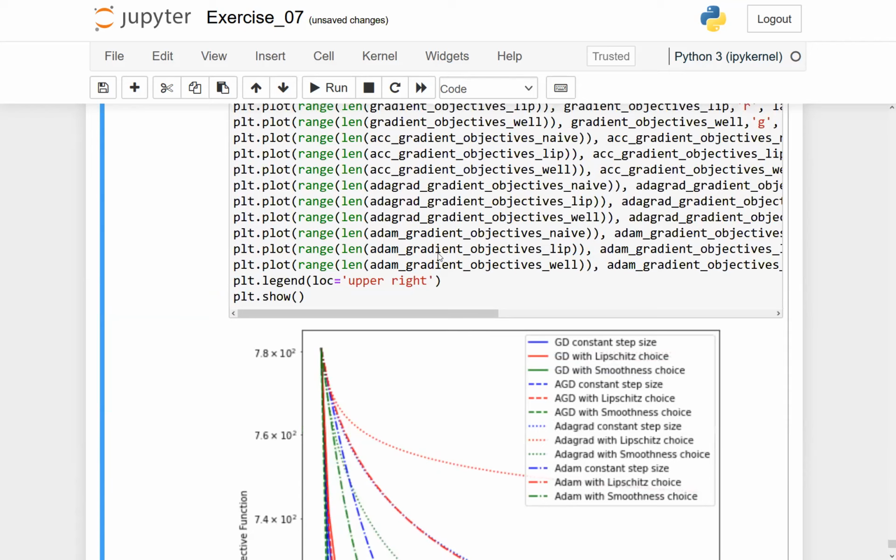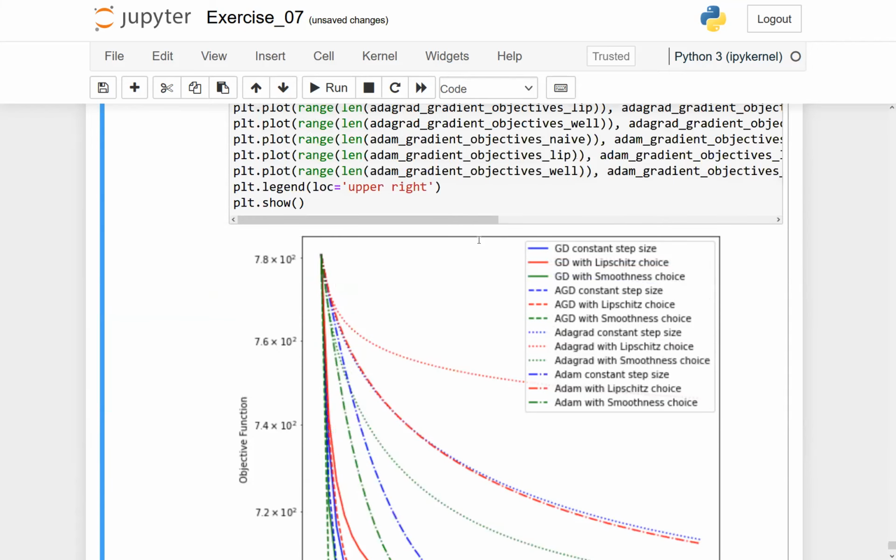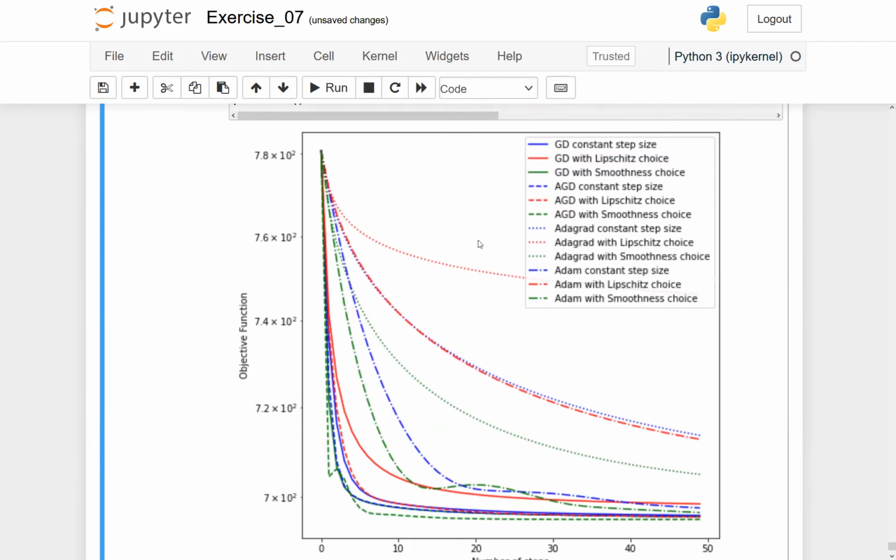and skip fast forward to the result. Here you see, compared to the plain or simpler gradient-based methods, these adaptive gradient methods are not that bad. For instance, Adagrad is this pointed line.